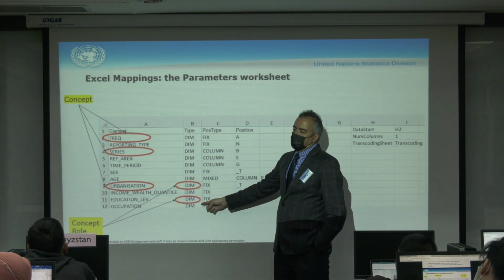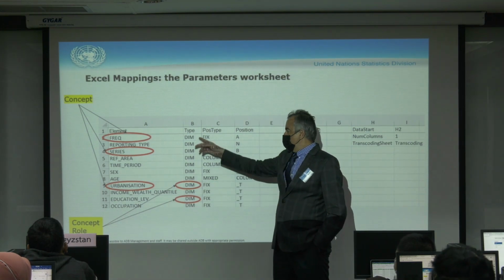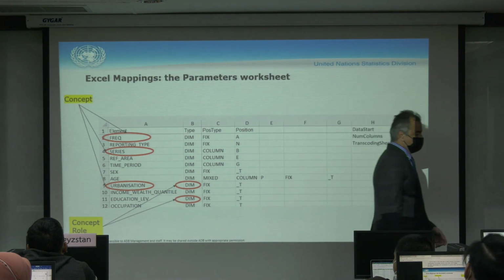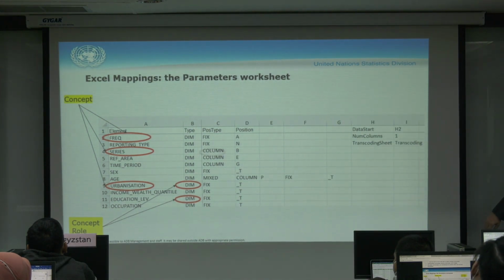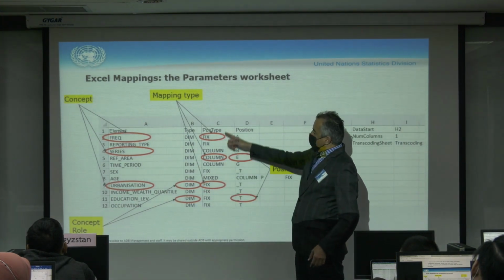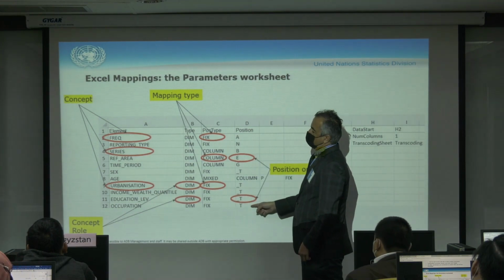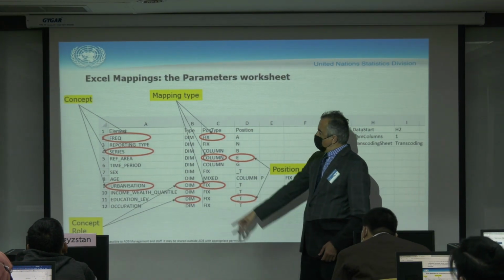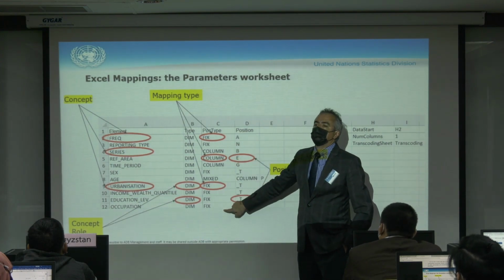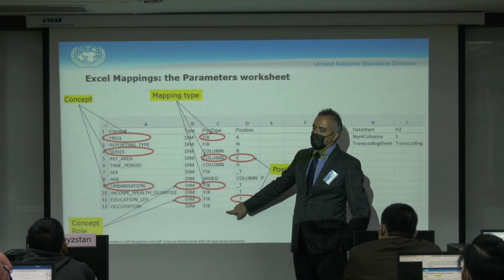Type is where you put the role of your concept, dimension or attribute. And where it gets interesting is the mapping type.